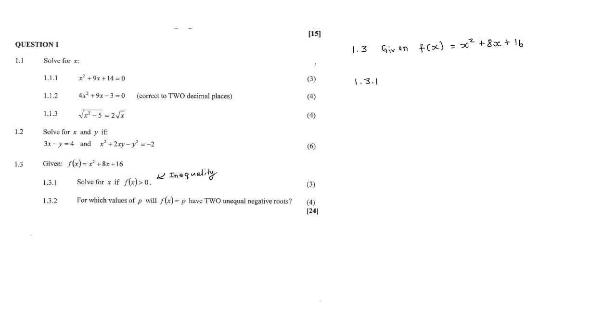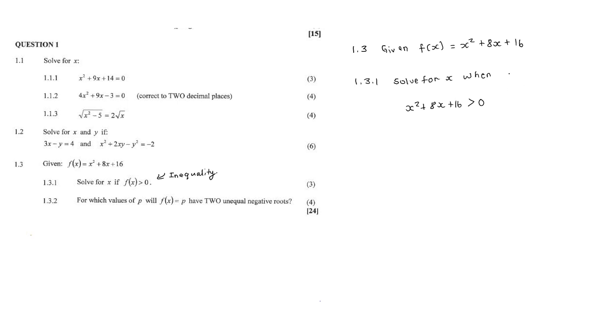Basically we want to know when f of x, which is x squared plus 8x plus 16, is strictly greater than 0. So we want to know when this function is positive. On the graph, that just corresponds to when this function is above the x-axis.